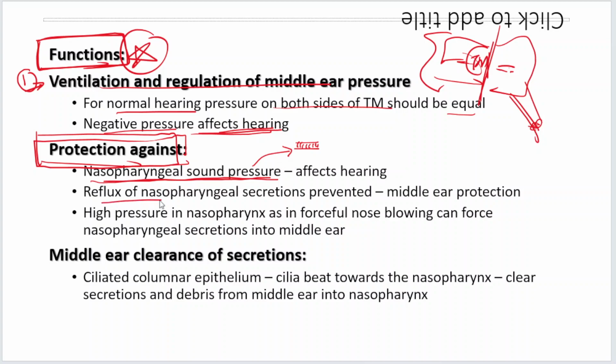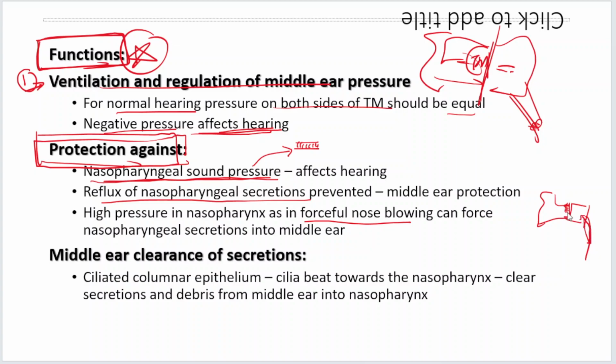Second one is protection against the nasopharyngeal secretions. We have already talked about that. Sometimes patients present and say, I had this upper respiratory tract infection and I was forcefully blowing my nose, and I cannot hear properly, and I'm having severe ear pain that started after I forcefully blew my nose. So that pressure was transmitted through the Eustachian tube into the middle ear.